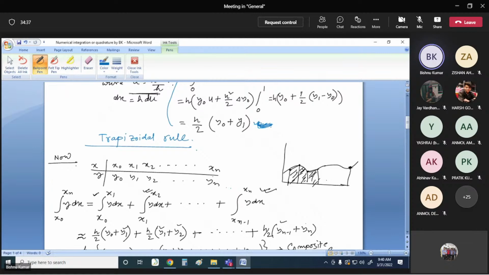Within this loop, T sum equals T sum plus this formula, the trapezoidal rule: h by 2 into y i plus y i plus 1.